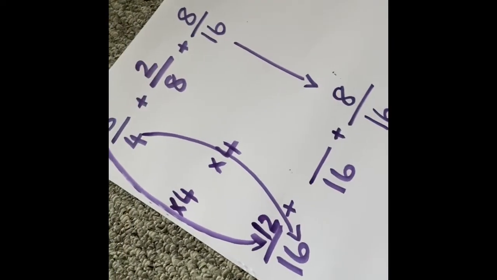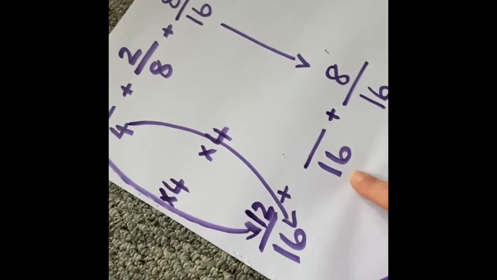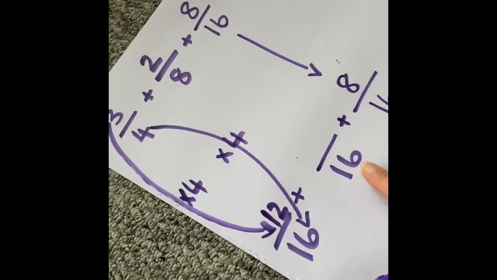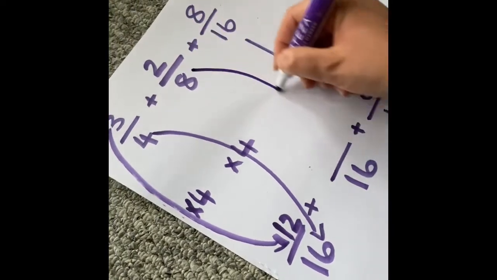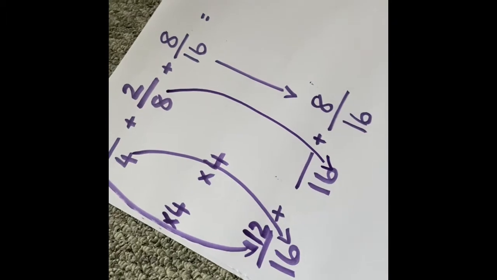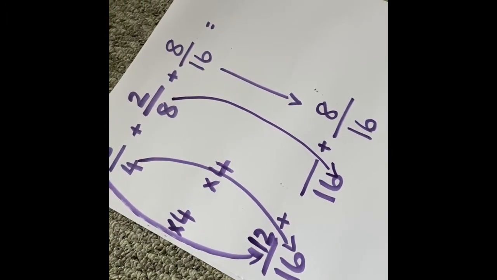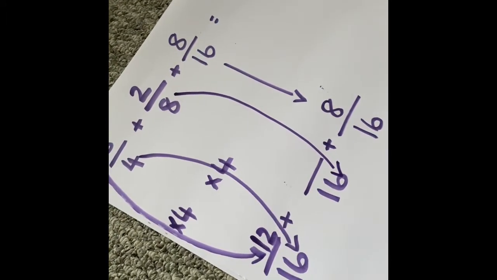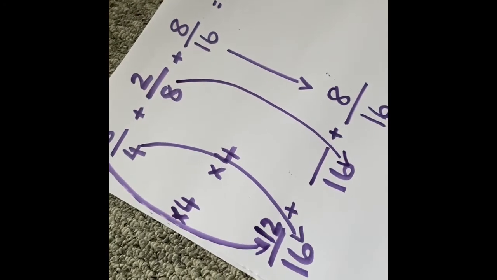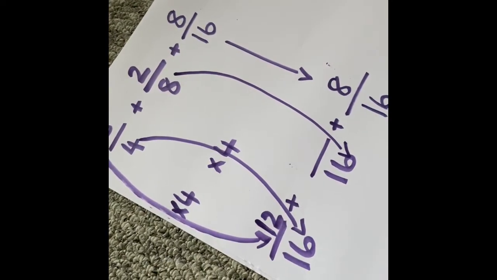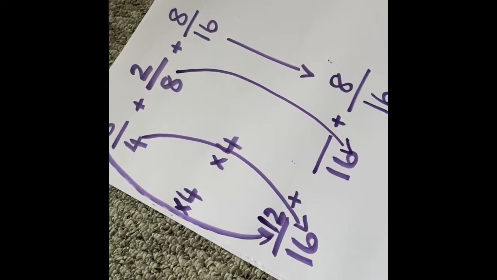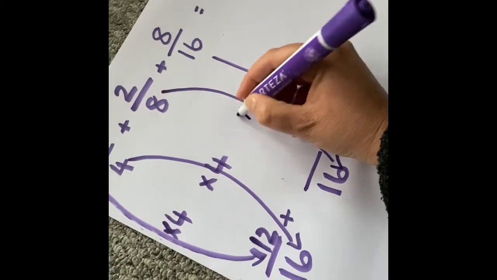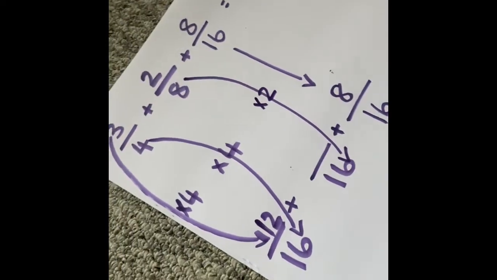This time I want to get 2/8, I want to get 16ths out of them. How do I get from 8ths to 16ths? Think about your multiplication. Think about the relationships you already know. I can double it. I can multiply it by 2. 2 groups of, 2 lots of 8 is 16.